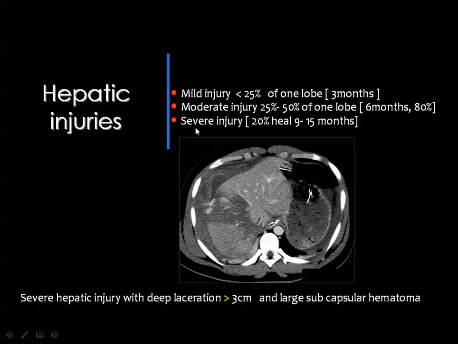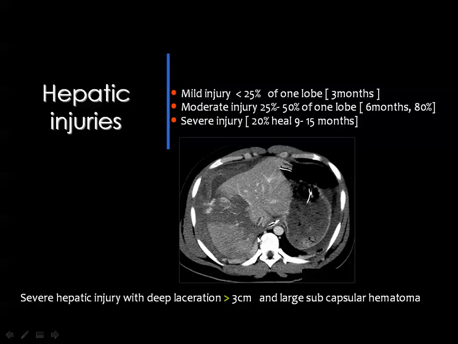And severe injury, which is more than 50% of one lobe, only 20% of these lesions will heal, in about 9 to 15 months.